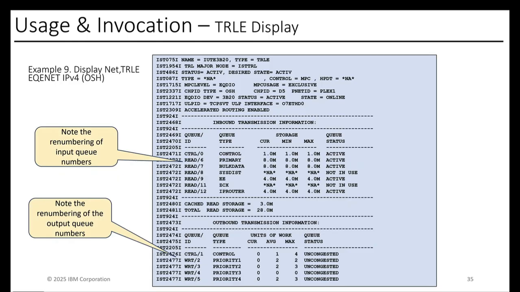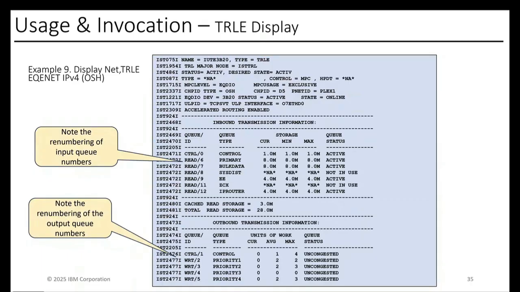ComServer decided to make the outbound write queues EQDIO Q2, 3, 4, and 5 as your 4 writes at the bottom of your screen. With WLM priority queuing, we still write your data to this specific outbound write queue, and OSA will provide higher priority to priority 1 over priority 2, et cetera, just as it does today.